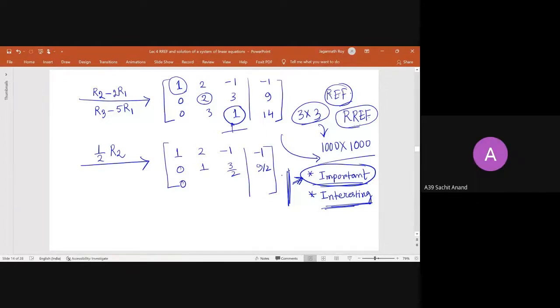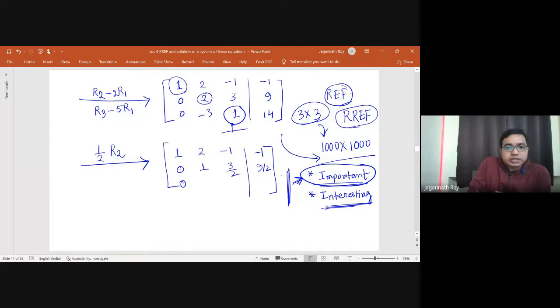Sir, in the first step, in the last row, second column, is it minus 3? Yes, right. Sorry for this. So minus 3, 1. Thank you for the correction. Yes, I have made the mistake. So this is again 14. Good observation.